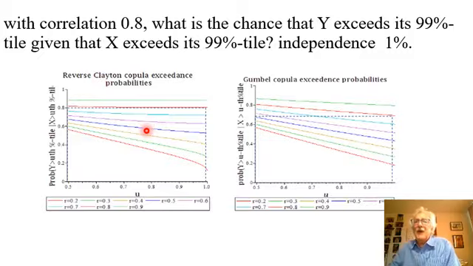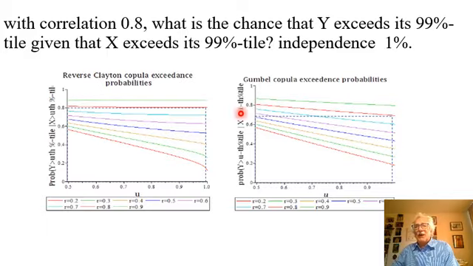Here you see a very different picture. So if y is above its 99th percentile, and the correlation is 0.8, then you see the probability that x is above its 99th percentile is not 0.1, it's not 0.4, it's 0.8. Very different. And it's not going down.